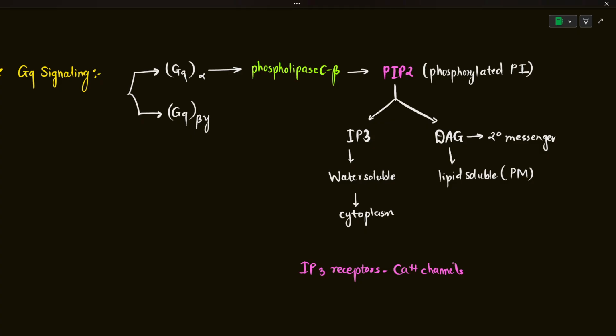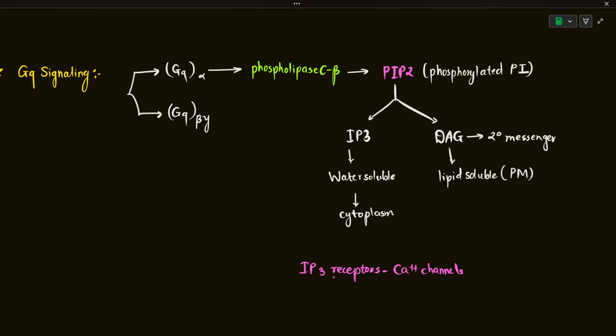So you have two different roles. In the same way, IP3 receptors, which are the receptors for the IP3 molecule, are also calcium ion channels, and that is why we call them IP3 gated calcium ion channels, because they will only open when IP3 goes and interacts with them.